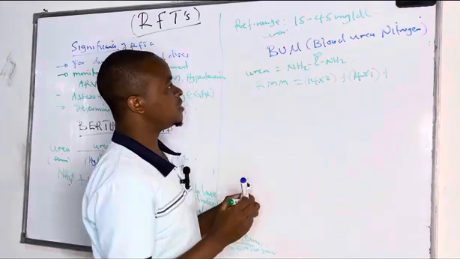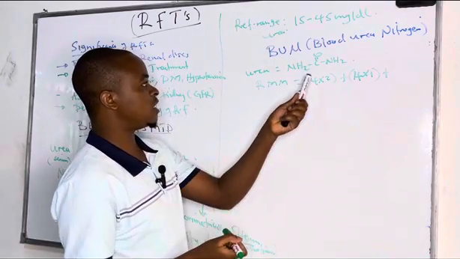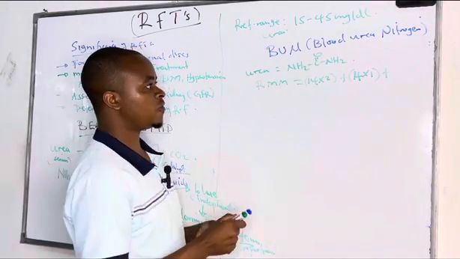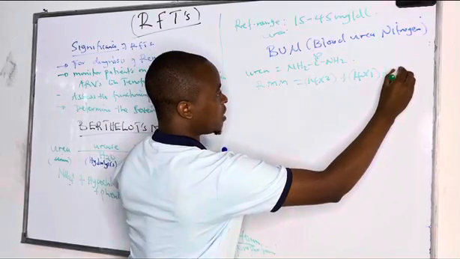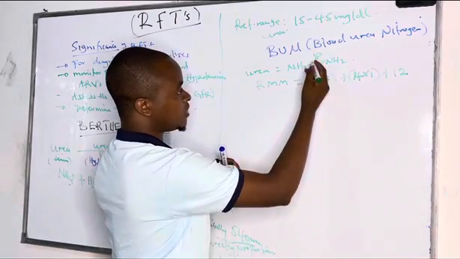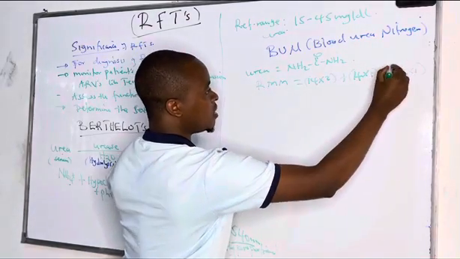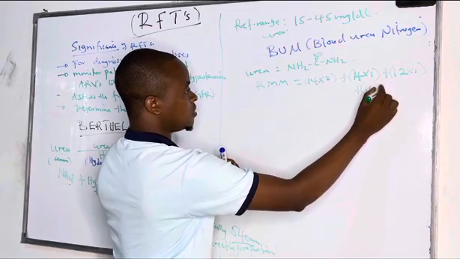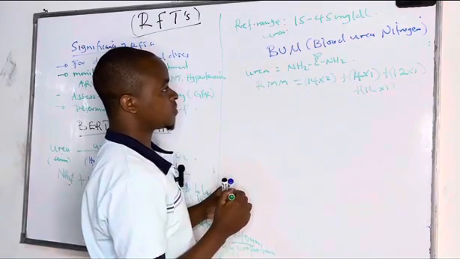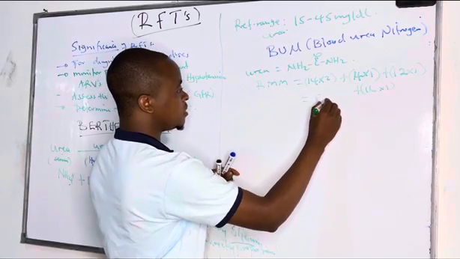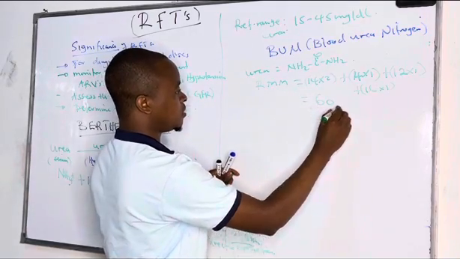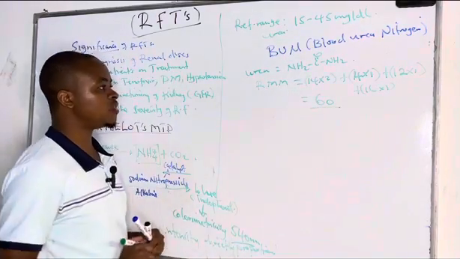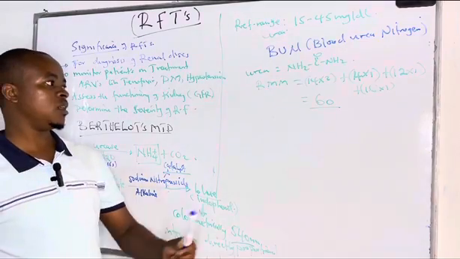Then I add the carbon, whose atomic mass is 12, and it is only 1, so I multiply it by 1. Then plus oxygen, which is 16, 16 times 1. And the total I get is 60. So the relative molecular mass of urea is 60.